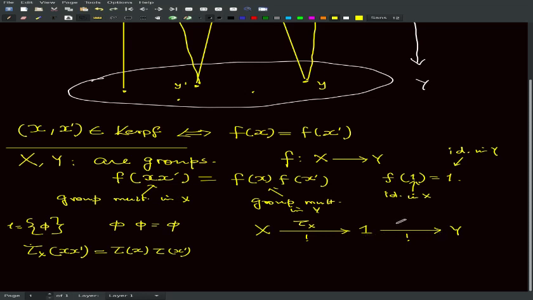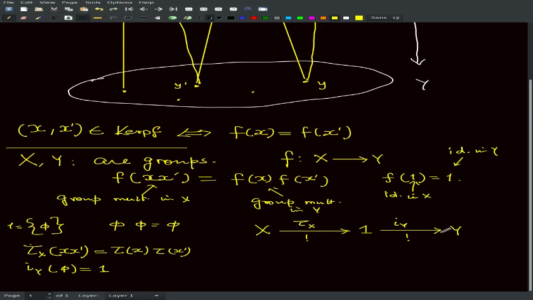If this has to be a group homomorphism, then there is only one way in which it can be a group homomorphism. It must take the only element to the 1 over here, and that's a group homomorphism. So there is always a group homomorphism from the one element group to any group.